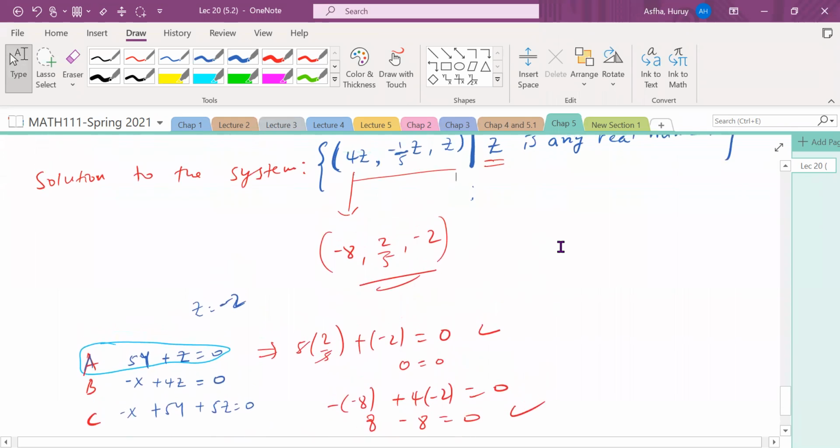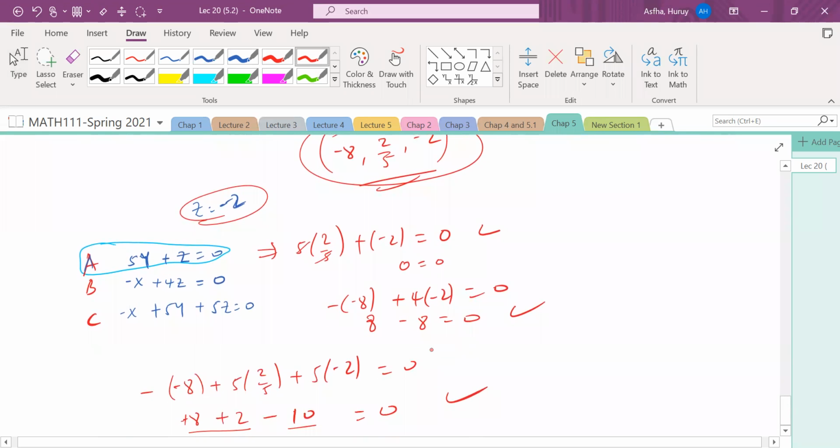Just like in this example, we picked a value for z, which is negative 2, then solved for x and y, and then we checked, and yes, it's a solution to the system. Okay, all right. So this is all for this lecture, and see you in the next lecture.